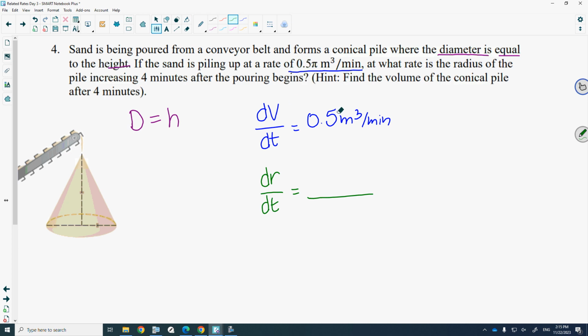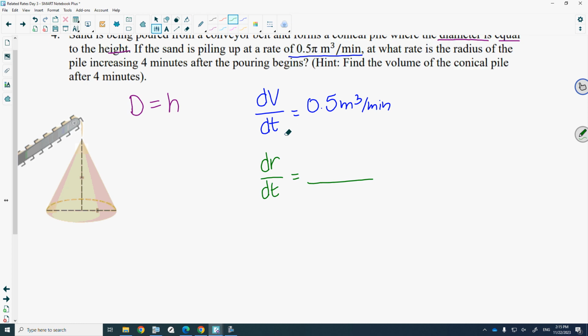So at what rate is the radius of the pile increasing 4 minutes after it began pouring? So when time is equal to 4 minutes. Okay, so we need a formula that relates volume with radius. So first of all, what's the formula for volume of a cone?